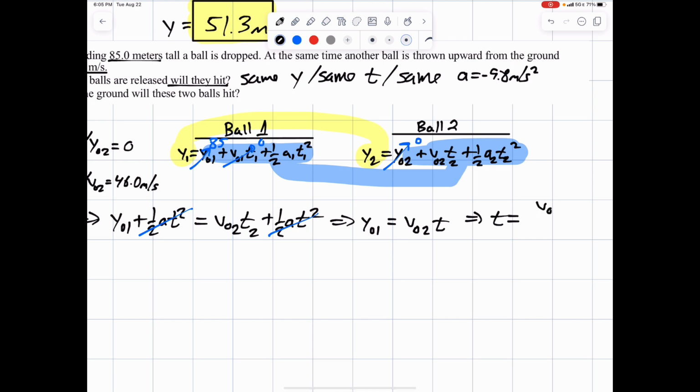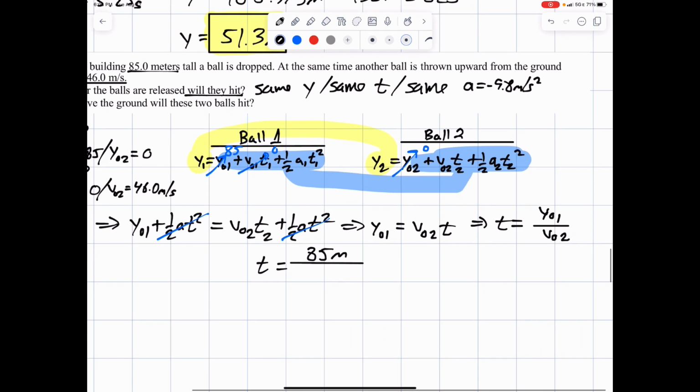It's going to be y naught 1 over v naught 2. Y naught 1 would be 85 meters over v naught 2, which is 46 meters per second. 85 divided by 46.